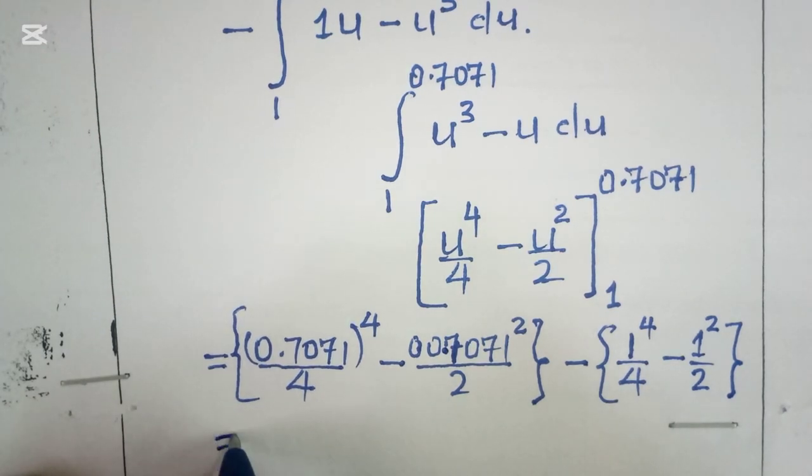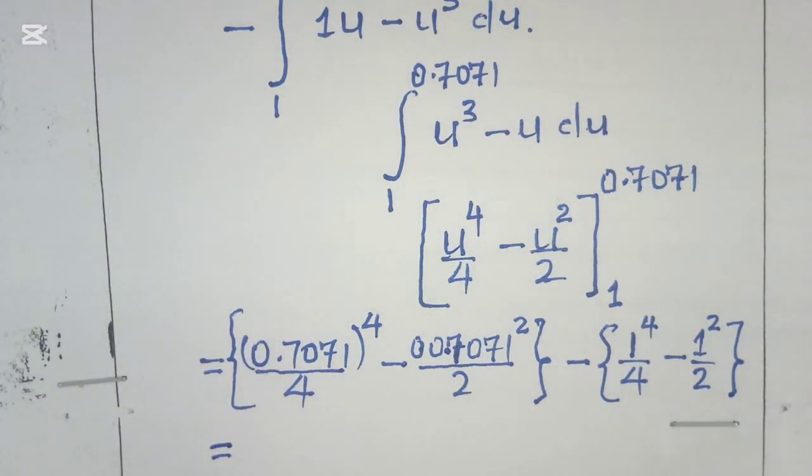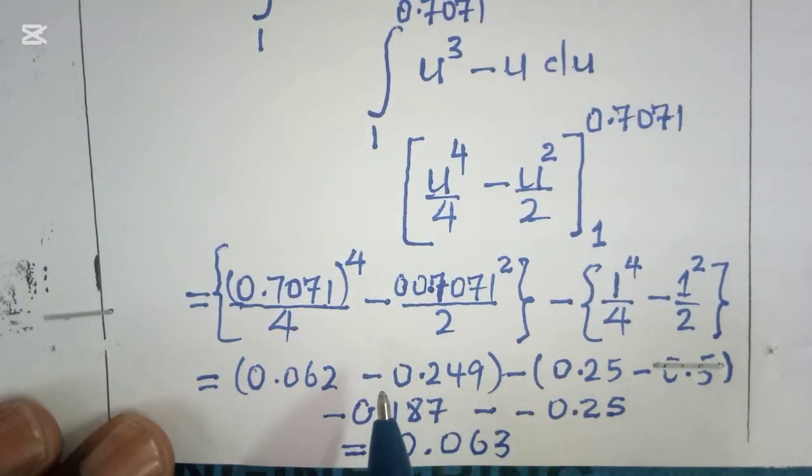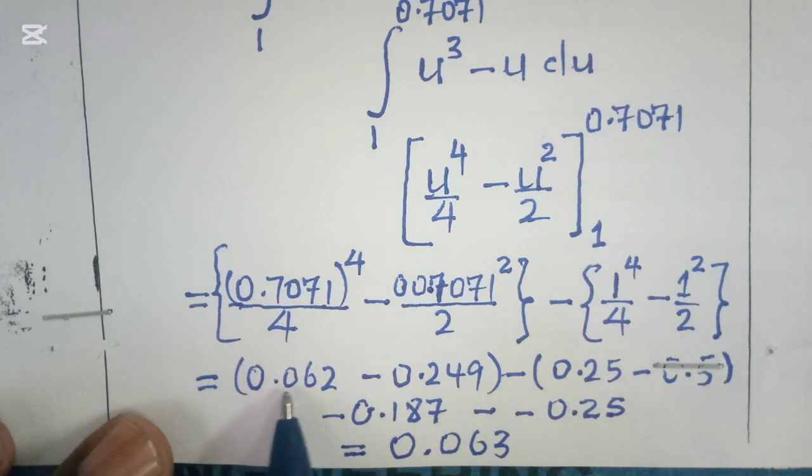By use of the calculator, we calculate that. Maybe let me just do it offline, guys, and then I can give you the values. So guys, after calculation, I've been able to establish that 0.062 minus 0.249 will give us that.